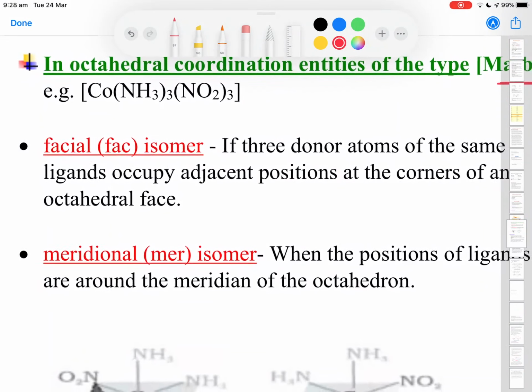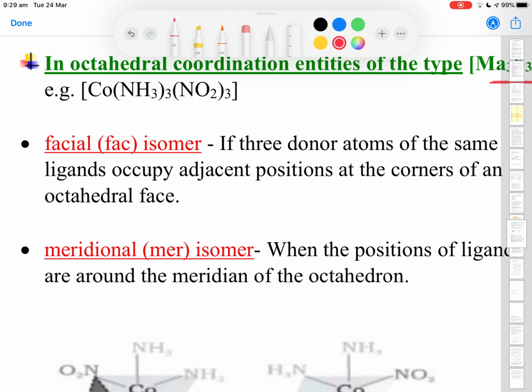Let us try to name it. Since there is no charge mentioned, that means the charge is supposed to be taken as 0. So again, two ligands are here. One is amine and the other one is nitrito-N, because nitrito is an ambidentate ligand. Since its coordinating atom is nitrogen, we are going to mention it as nitrito-N. So how do we name it?